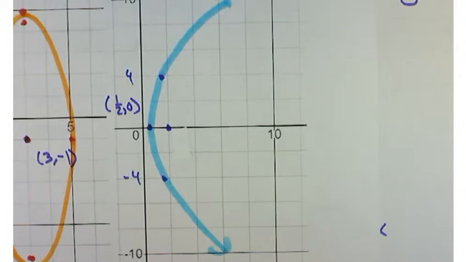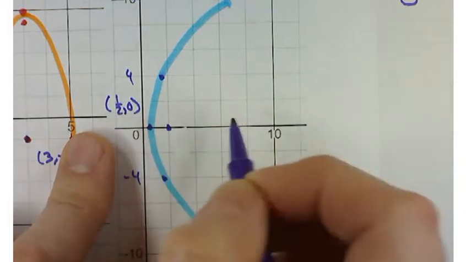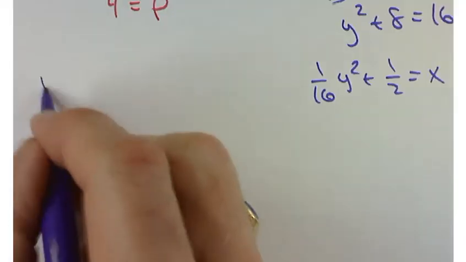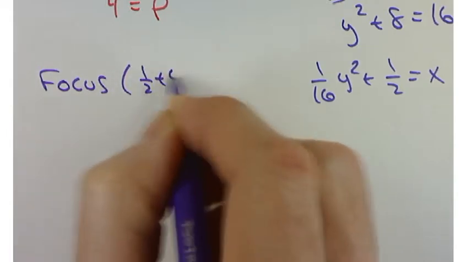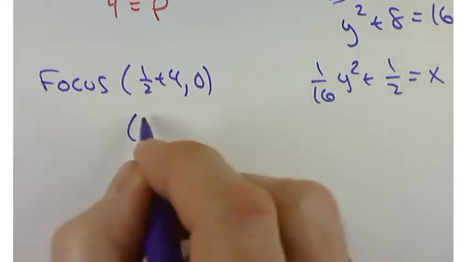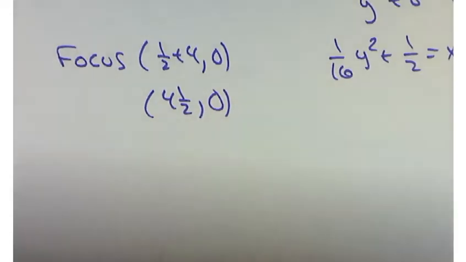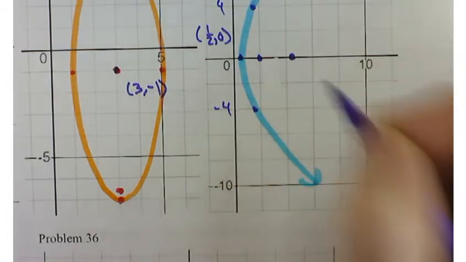The x-coordinate, because you're moving horizontally. So we're going to change the x-coordinate. How far do I have to change it by? 4. So the focus is going to be 4 plus that. Focus is going to be 1/2 plus 4 and 0, or basically 4 and 1/2. So a little bit past here, out there on this scale.